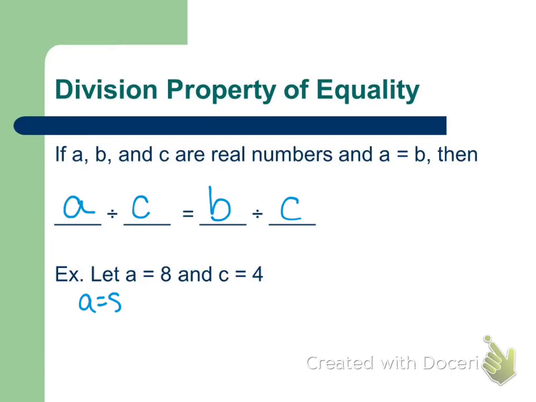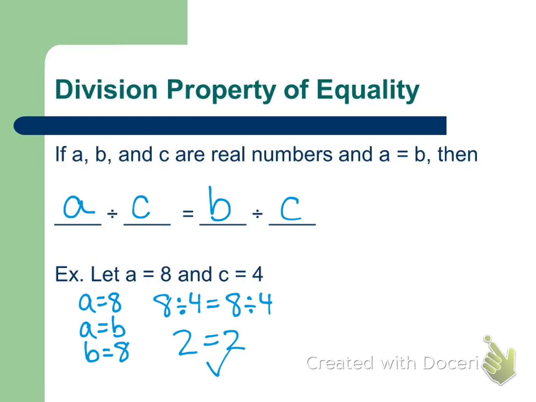If a is equal to 8 and a is equal to b, then b is equal to 8. Okay. C is equal to 4, so we have 8 divided by 4 equals 8 divided by 4. What is 8 divided by 4? 2. 2 equals 2. That worked out. You can divide both sides of an equation by the same number.